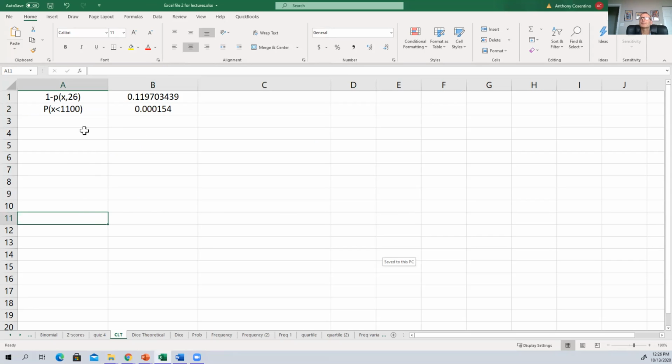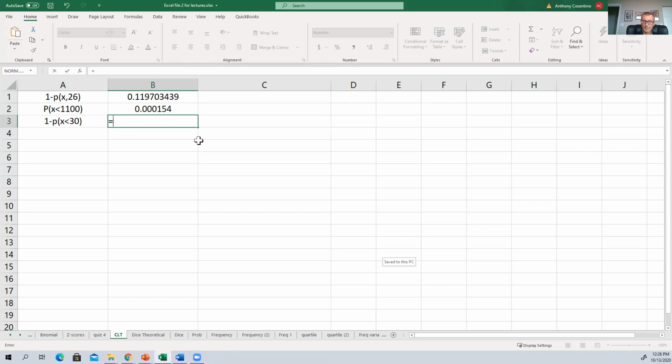Oops. Try again. This would be 1 minus the probability of x less than 30. And so this would be equals 1 minus, bring up norm.dist.